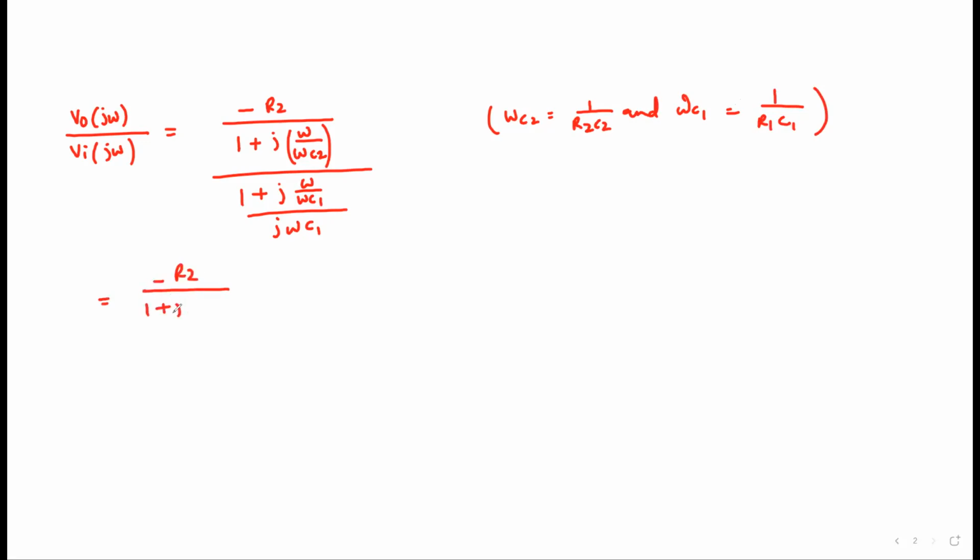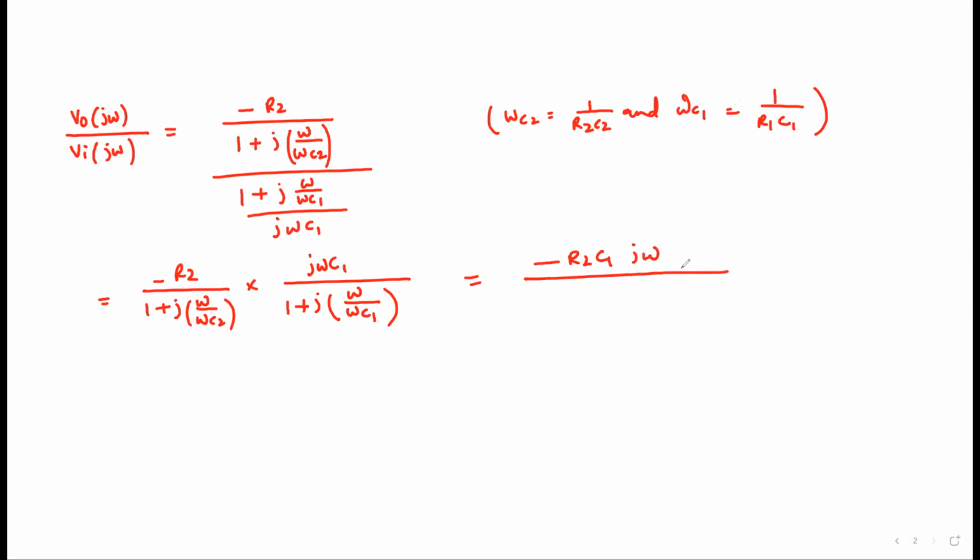We arrange these terms in a proper format: j omega C1 divided by 1 plus j omega by omega C1. So we see here this configuration, minus R2 C1 j times omega, and these two terms like this: 1 plus j omega by omega C2.